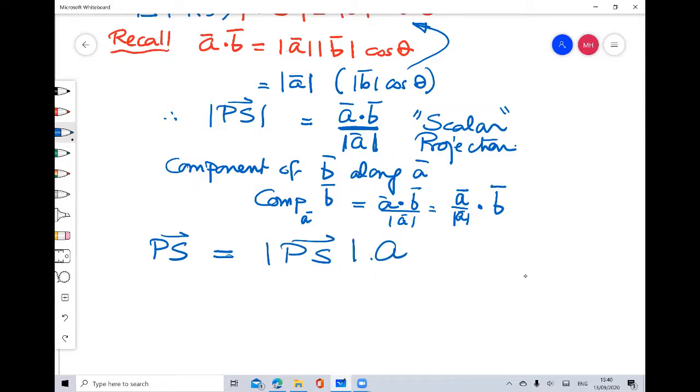the magnitude of PS times the direction along A. If I leave it like this, I will change the magnitude of the projection. So we said previously, here we use unit vectors so that the magnitude of the vector of projection does not change.